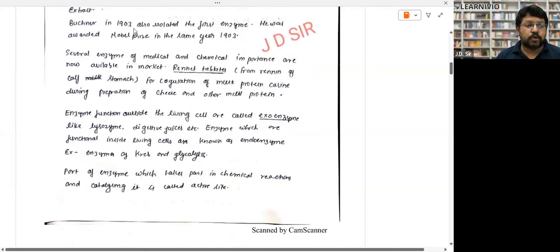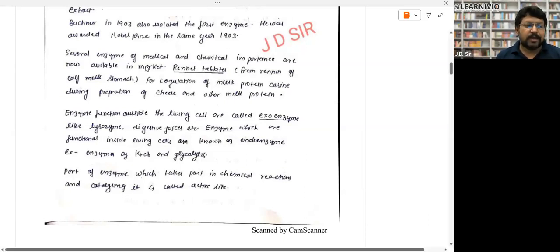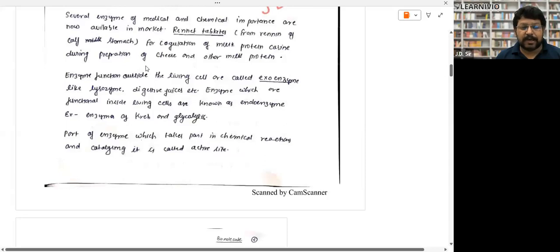Buchner in 1903 isolated the first enzyme, and he was awarded the Nobel Prize for the same.